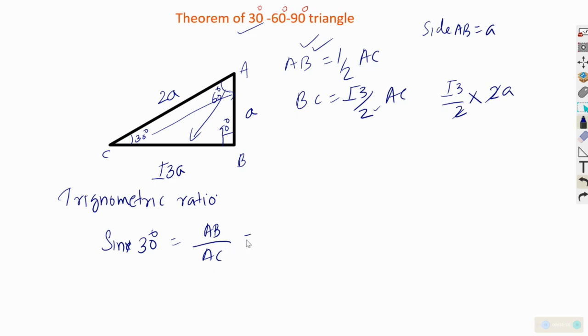What is the opposite side? A. What is the hypotenuse? 2A. The result is 1 upon 2.